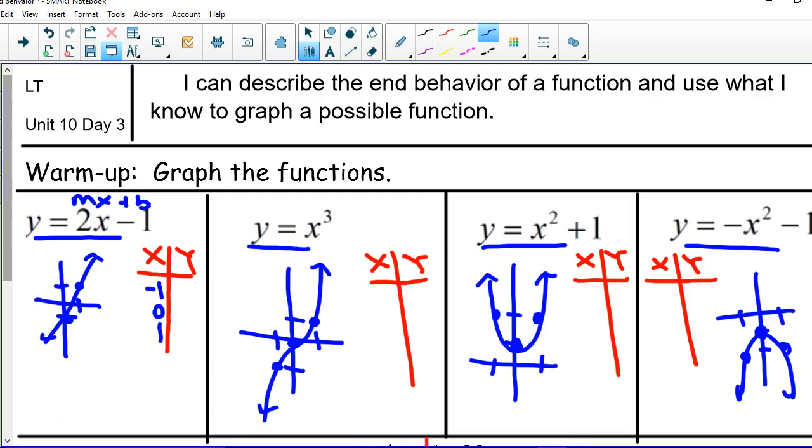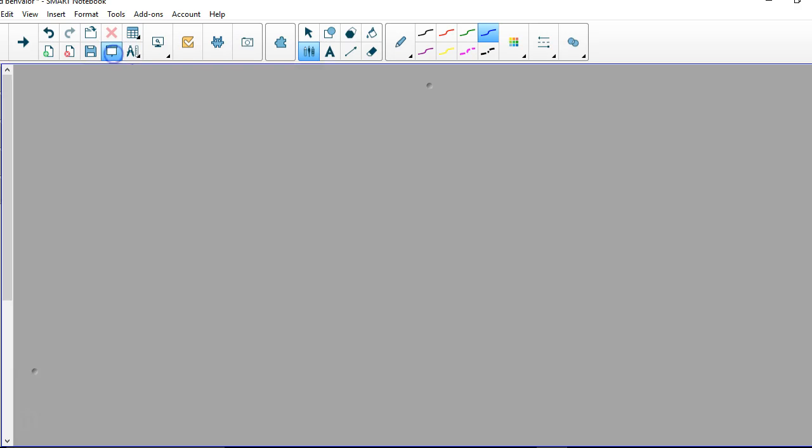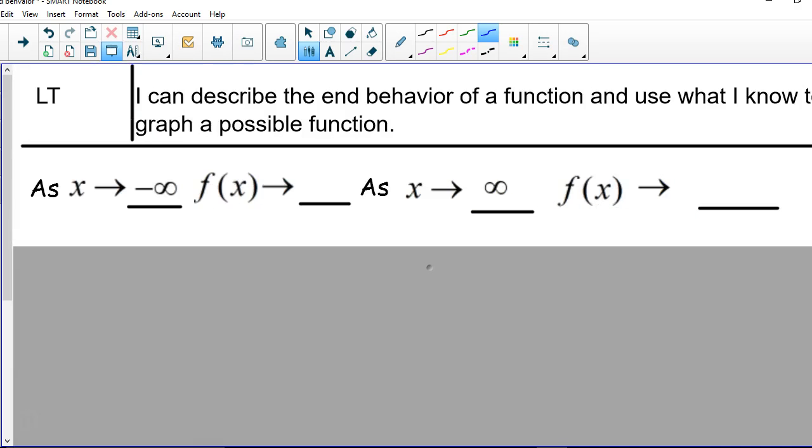So I'd like you to go to your next page and I'll give you a little instruction on how we describe end behavior. When we're describing end behavior today, you're going to see a template on your homework, and that template is going to look like this. So everyone make sure you're on the right page. How we read this is I have the first line written down in red.